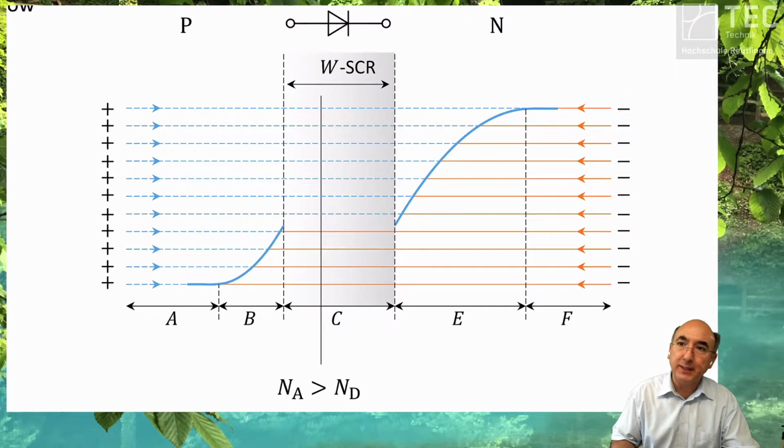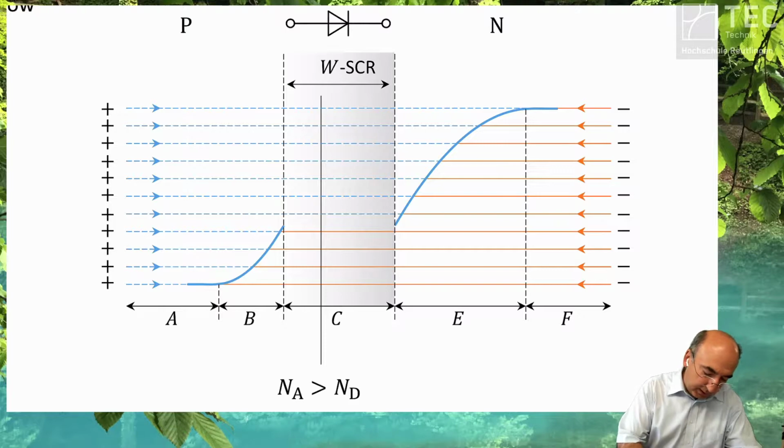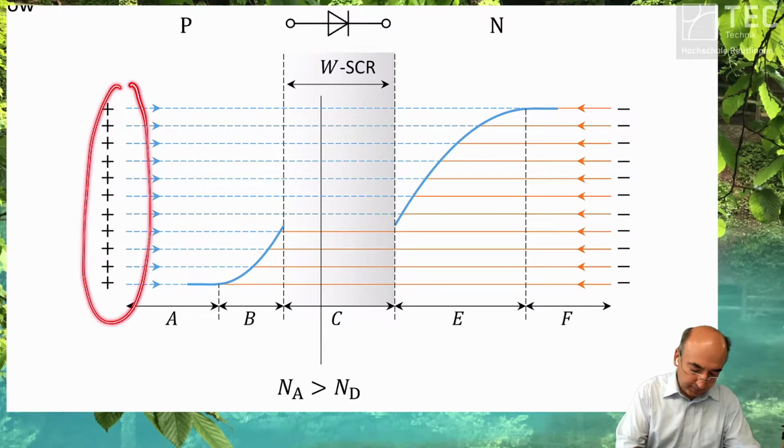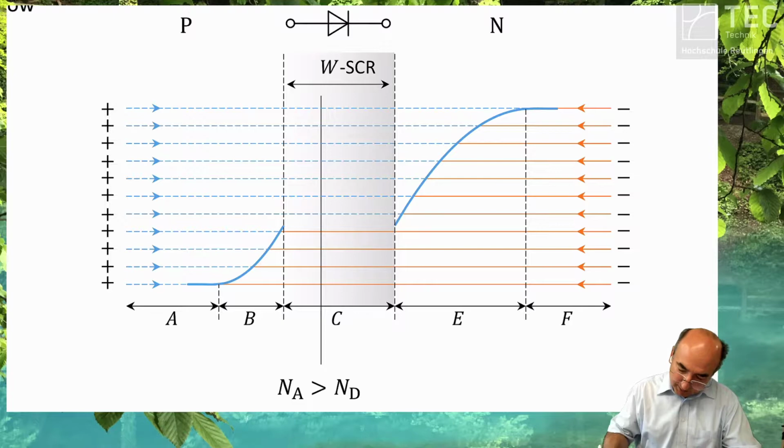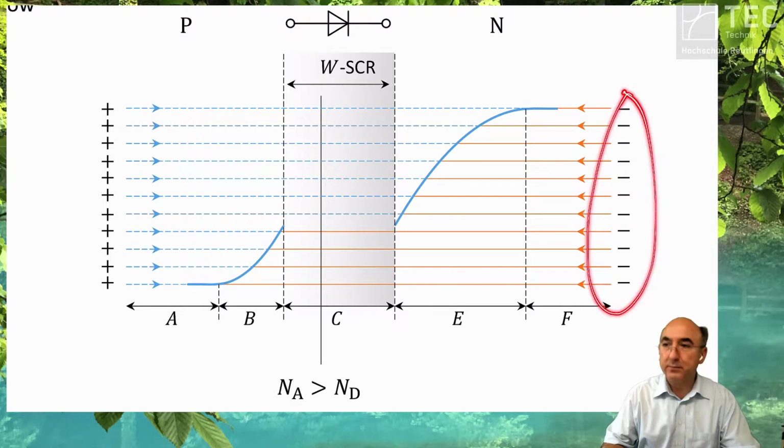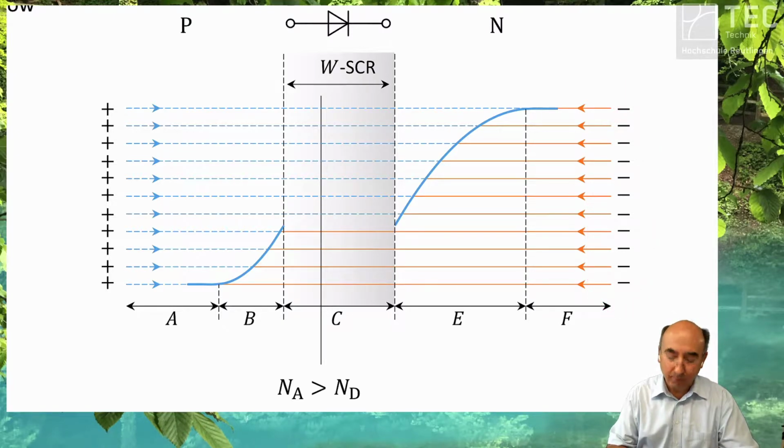What does this sketch mean? At the contact area, the complete current is carried by the holes themselves. At the contact area in the n-type, the complete current is carried by the electrons themselves.